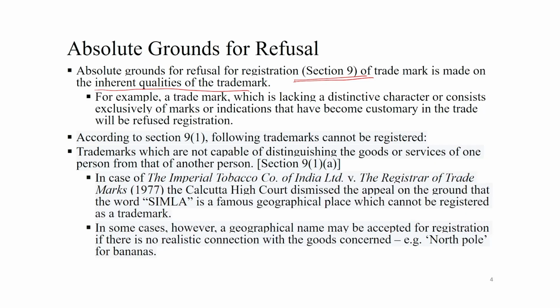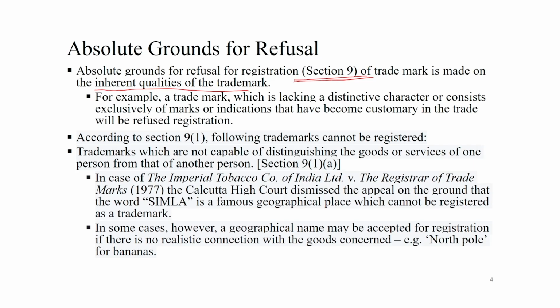Now, coming back to 9, I said we are refusing because there is something inherently lacking in the trademark. For example, if the trademark is lacking in distinctive character, or if we are trying to register a mark which has become customary in the trade.